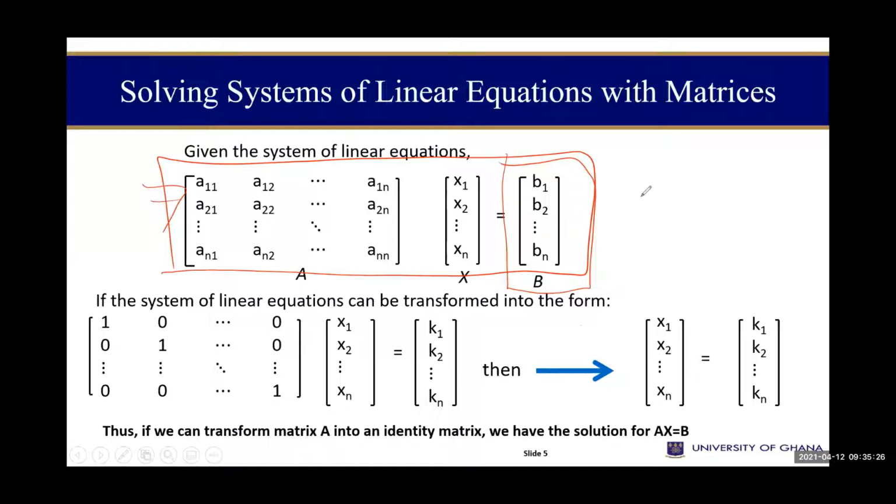And the Gauss-Jordan method requires that we use what we call ERO, elementary row operations, which will help us to find a way to transform one of the matrices into an identity matrix. Once we do an identity matrix, and we've also agreed that if I multiply any matrix by an identity matrix, I'm going to get the matrix itself. Last week we made that statement.